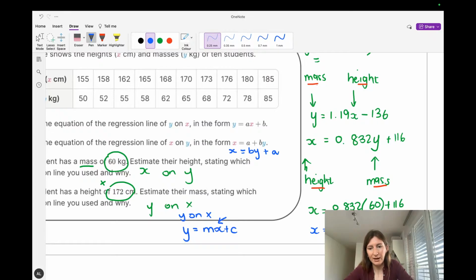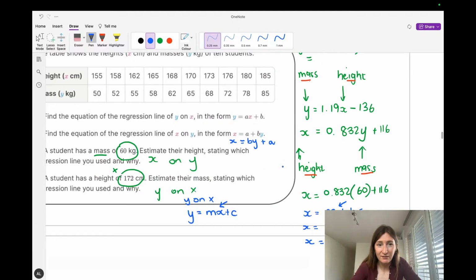So whether I call that m or a, or write it the other way around, it's all the same. Whichever one is attached to your variable is your gradient, and the one being added or subtracted is your intercept.